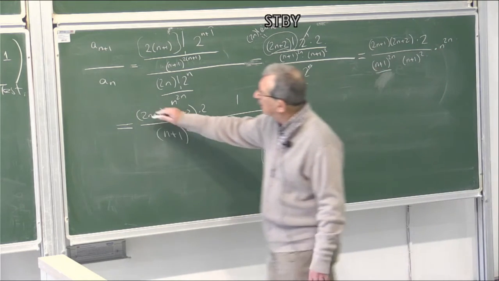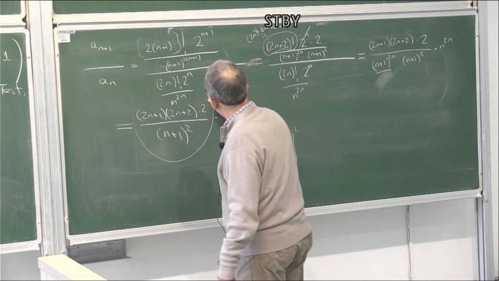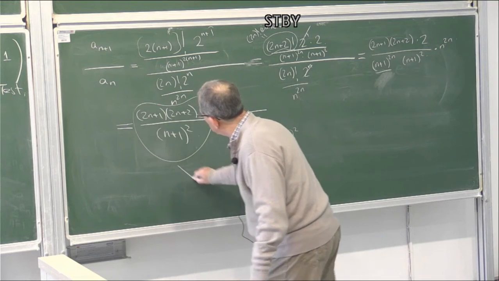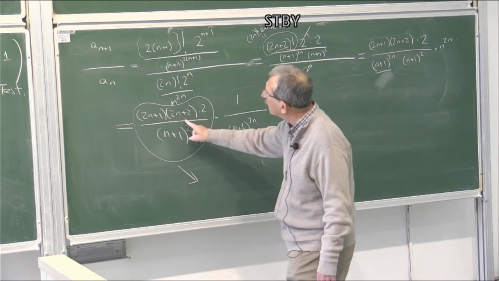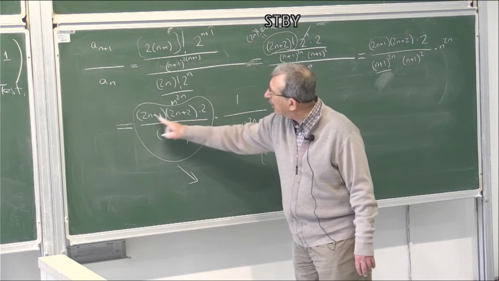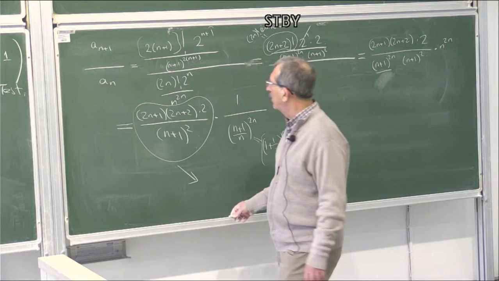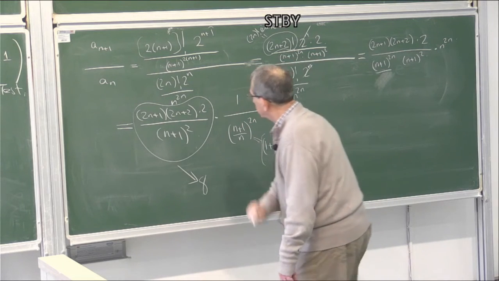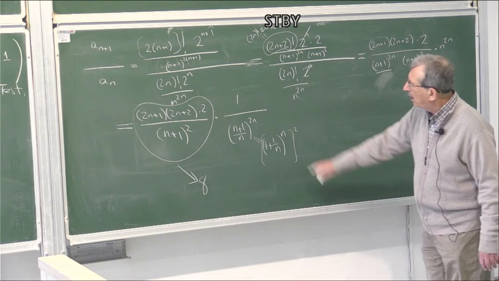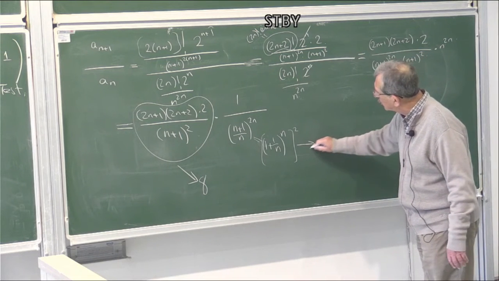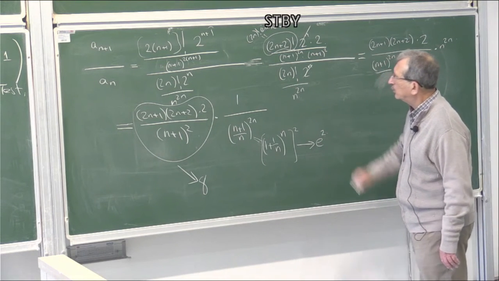And clearly, the limit here, when n goes to infinity, because n squared cancels with the n squared at the top, you end up with 8. This, of course, goes to e squared.